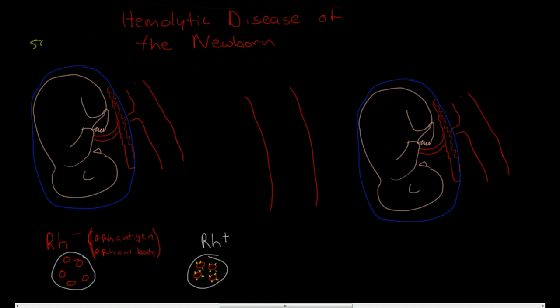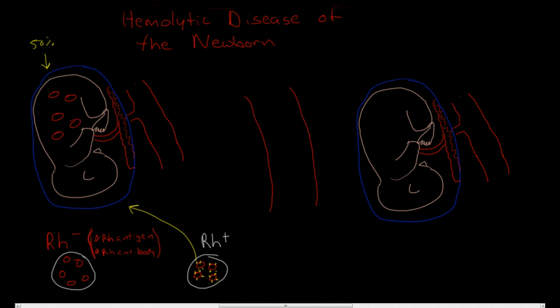Now there is a 50% chance that this baby is going to have the father's genetic trait for Rh positive blood. Okay, so let's say this is one of the unlucky ones.